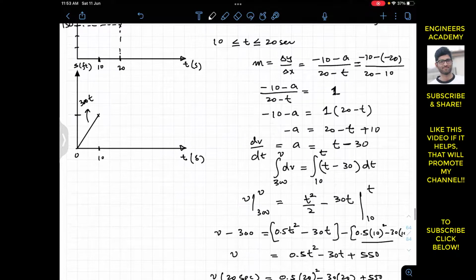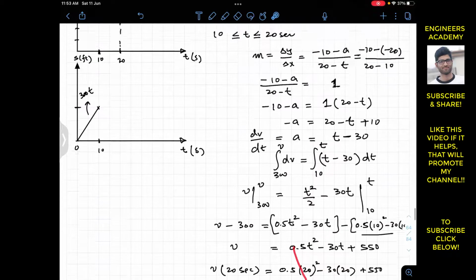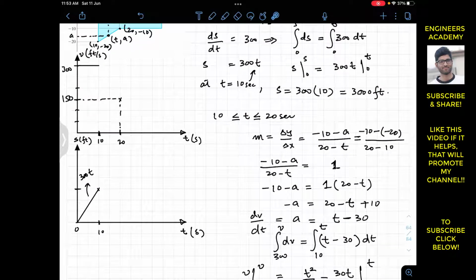And now as we can see, v as a function of time is a quadratic equation, and the coefficient of t² is positive. If this is positive, then this will be a second degree curve. From 10 to 20 seconds, we will have a second degree curve, and the curvature is going to curve in the upward direction, right? We will have the concavity like this, right?